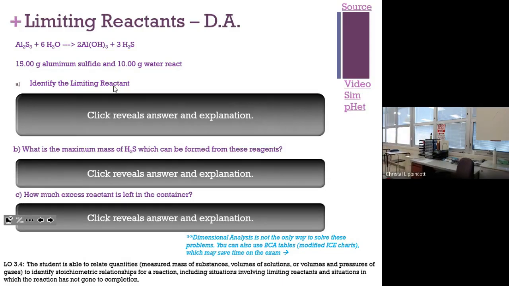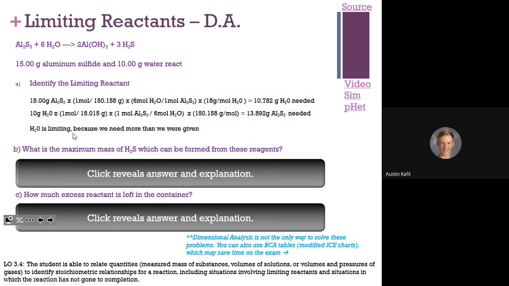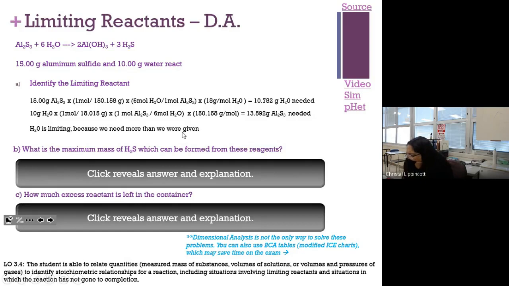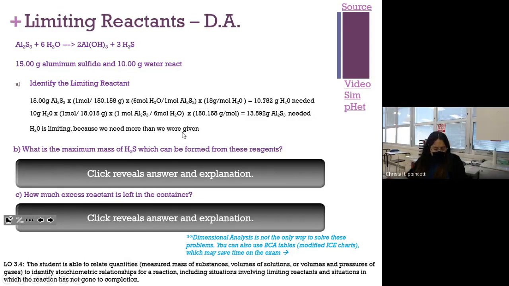Then if I do it over there, Austin can't see it. So for the limiting reactant, wouldn't it be water? Yep. Just making sure I did it right. I can show you how I do this. It's different than what they would do it up here.